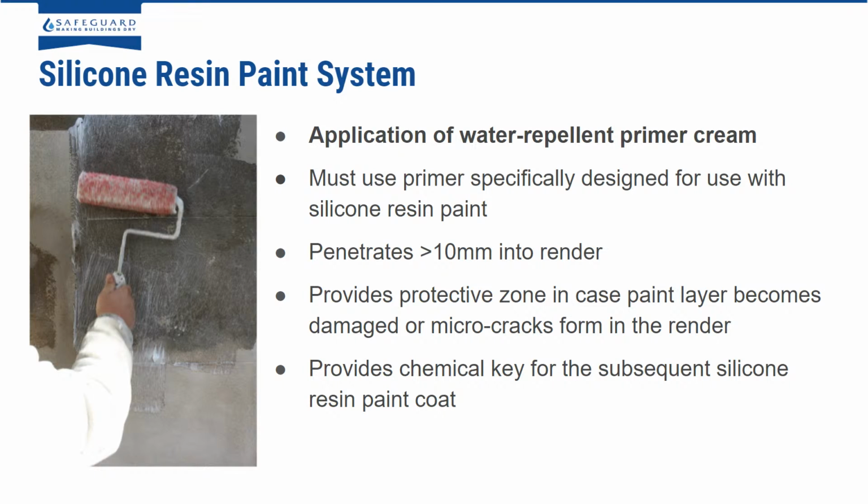This should be applied evenly, and that will penetrate into the render and provide a protective zone in case the paint layer becomes damaged or any micro cracks form in the render. So basically, you're adding some form of secondary protection. And also what it does, it provides a chemical key for the subsequent silicone resin paint.